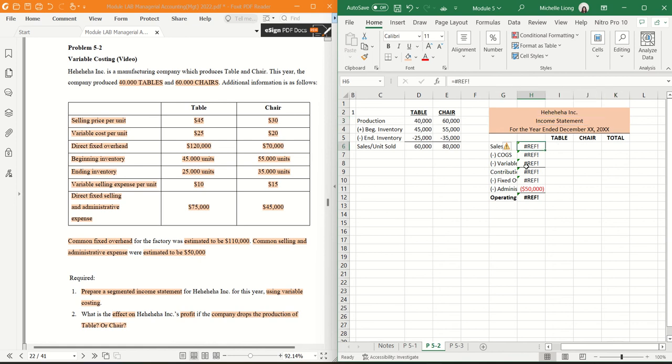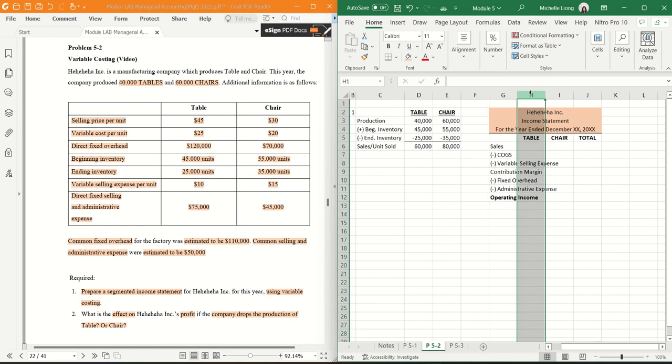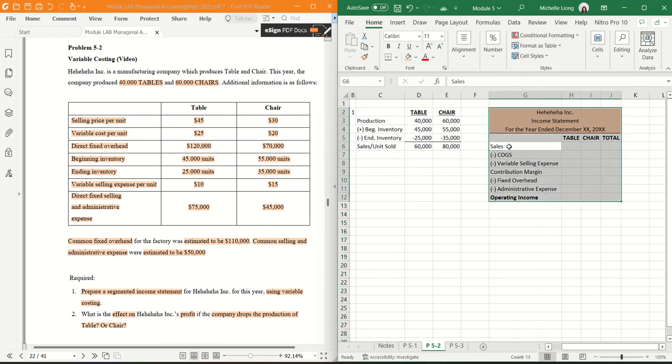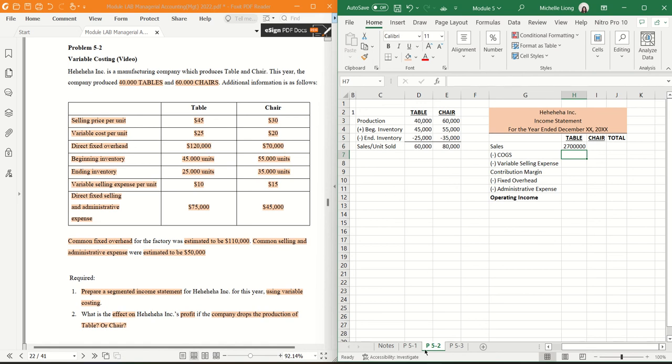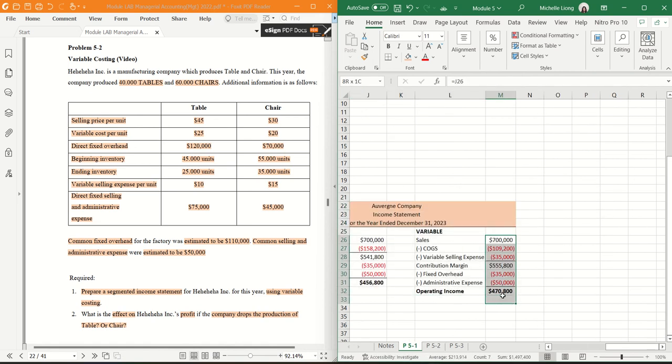So for sales, basically, we are going to find sales for table and chair. Sales for table is 60,000 units times the selling price, which is $45.